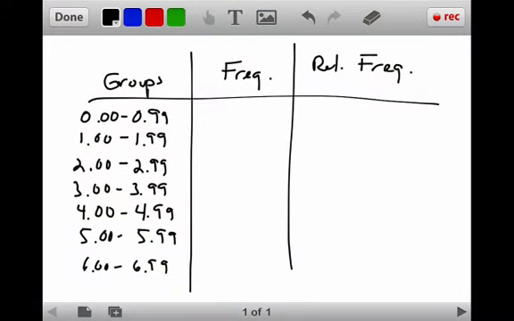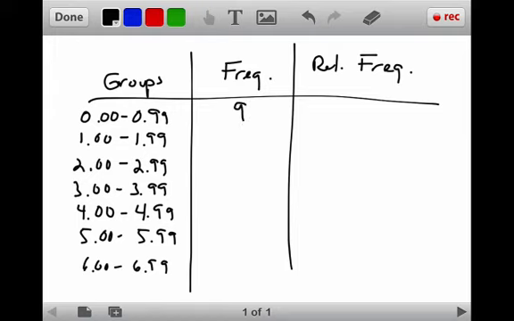Okay, so here I have my 7 groups. Like I said, the first group would start at 0 and it would have a width of 1, so we would get 0 to 0.99. The second group would start at 1 and would go to 1.99 and so on. Okay, so if I count the frequency, so the number of answers that fall within the first group, I would get a frequency of 9.